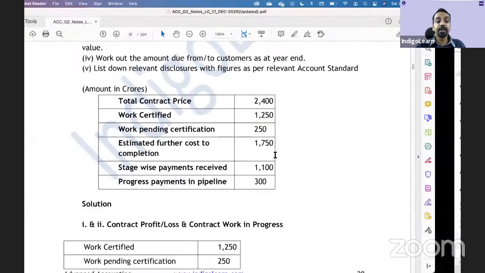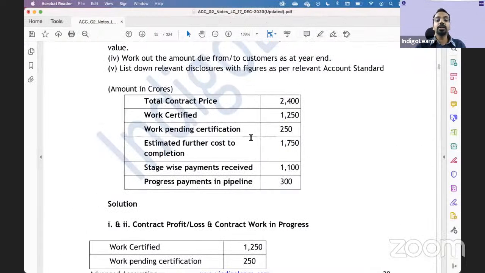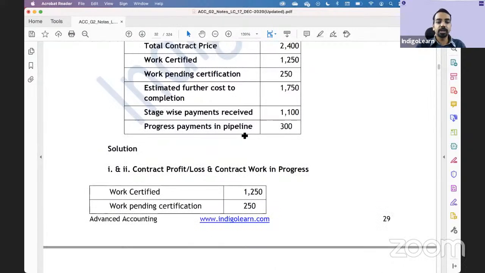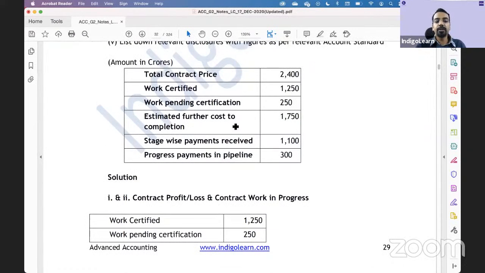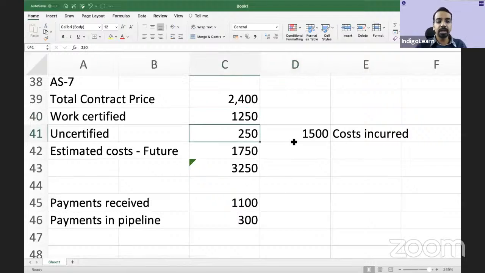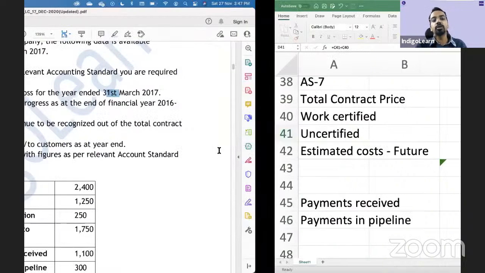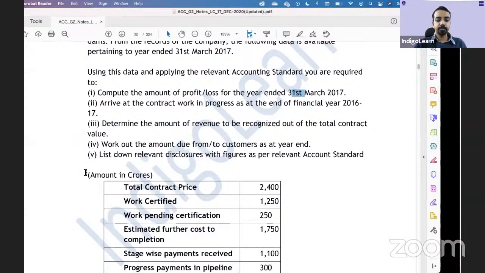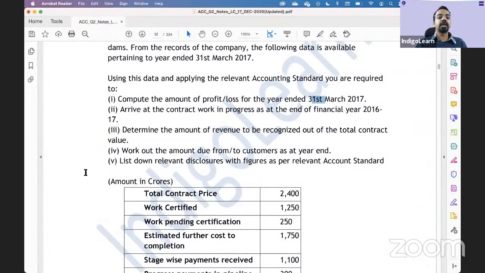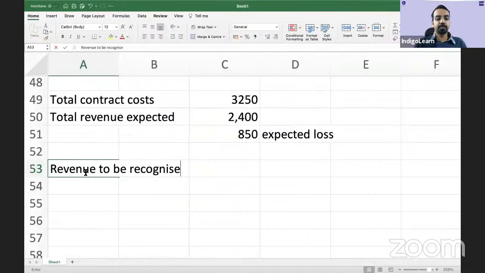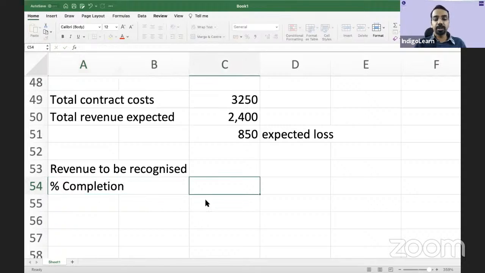Okay. Then it says arrive at the contract work in progress. Contract work in progress is your 1250 plus 250, 1500 is the contract work in progress. Correct. Then determine the amount of revenue to be recognized out of the total contract value. So what will be the revenue? Revenue to be recognized is based on percentage completion. Okay. What is the percentage completion?